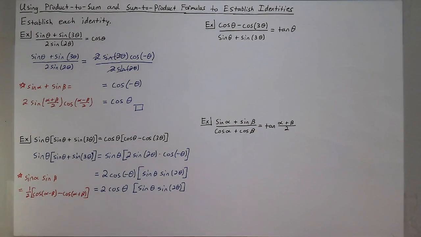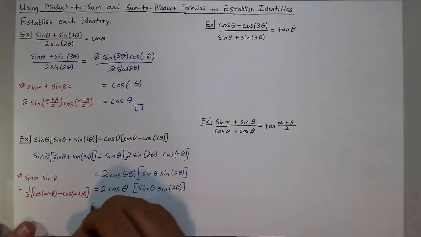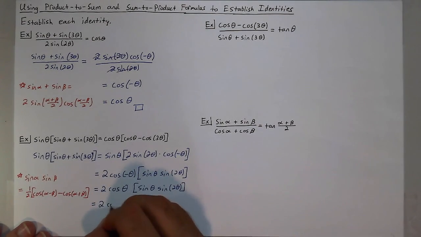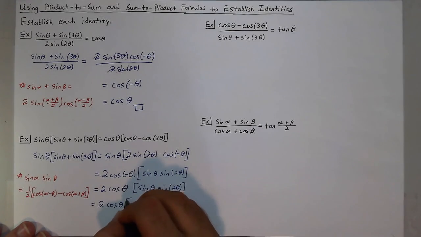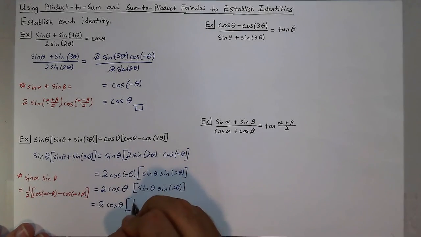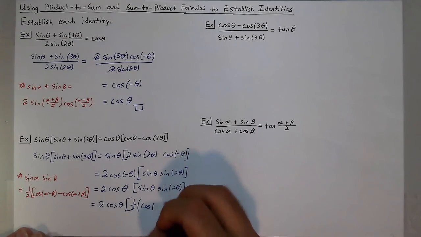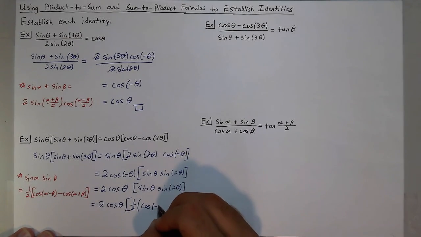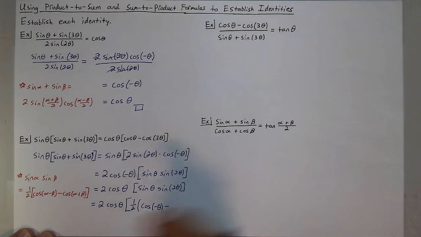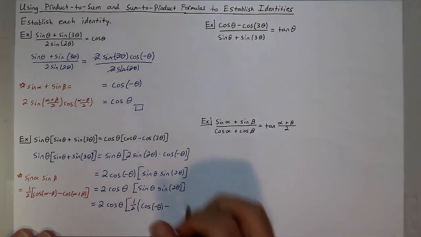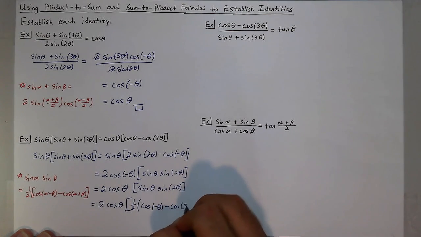So using that formula, I could rewrite this as 2 cosine of theta times 1/2 of cosine of alpha minus beta, which is negative theta for theta minus 2 theta, minus the sum of alpha plus beta, which is cosine of 3 theta.